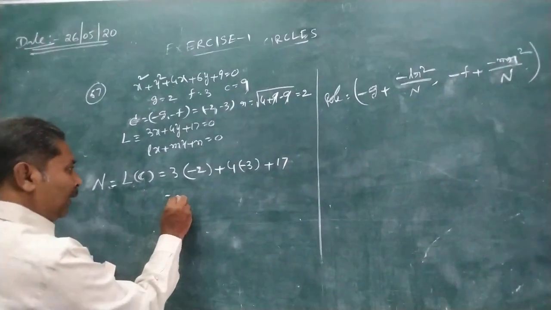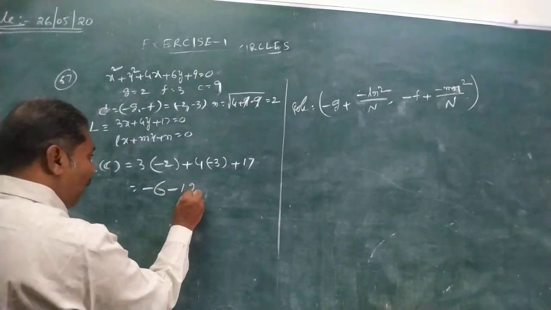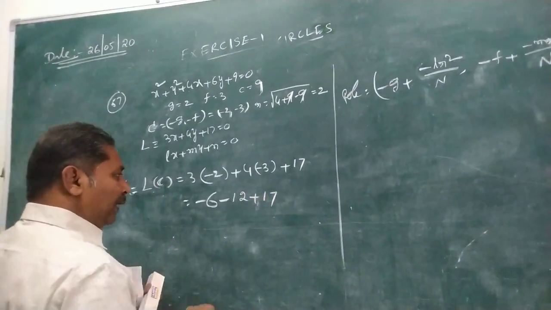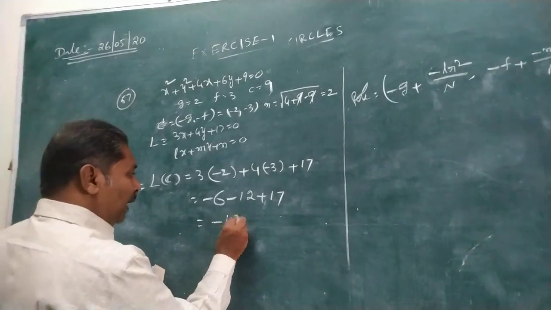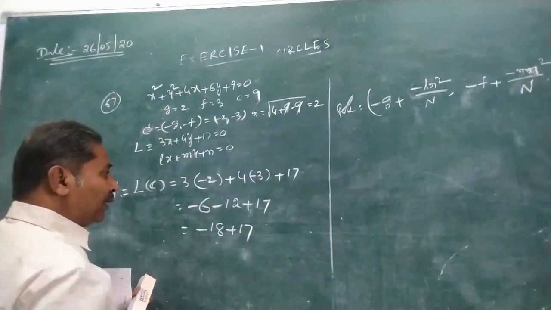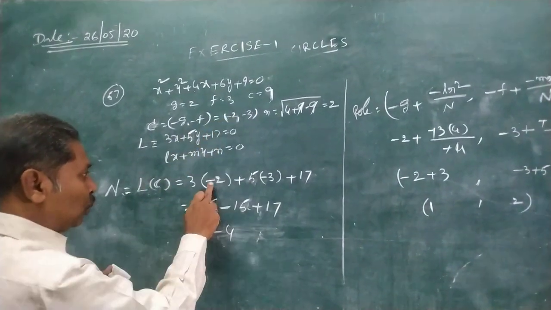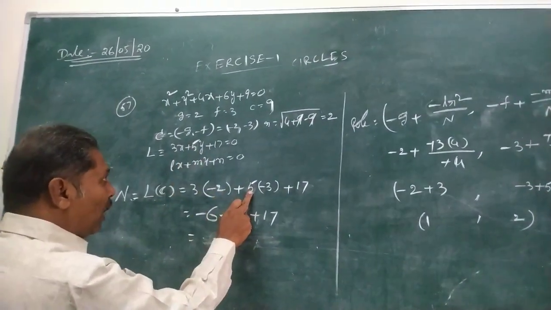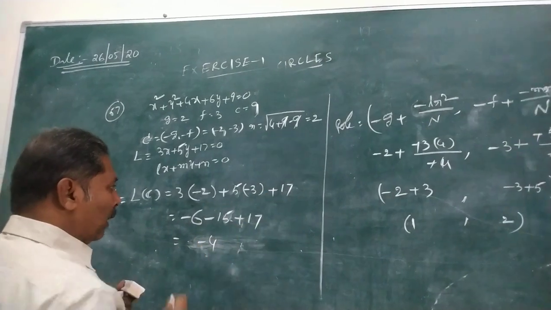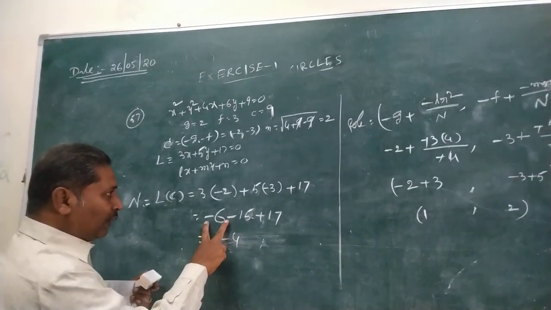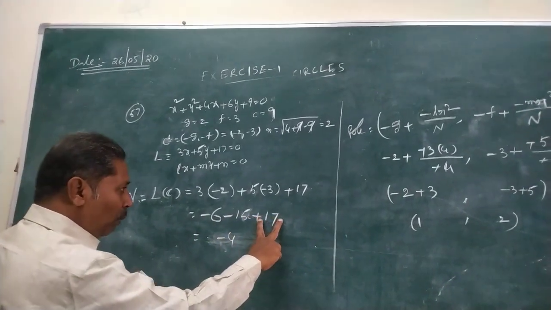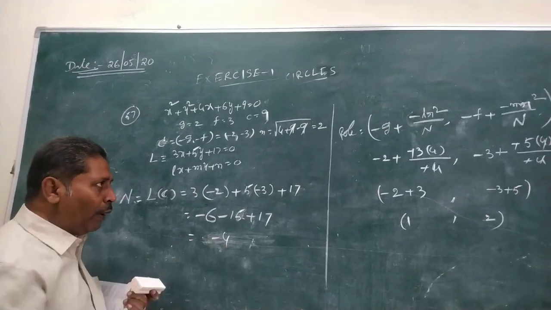Finally, we get 3 into -2 plus 5 into -3 plus 17, -6 -15 plus 17 equal to -4.